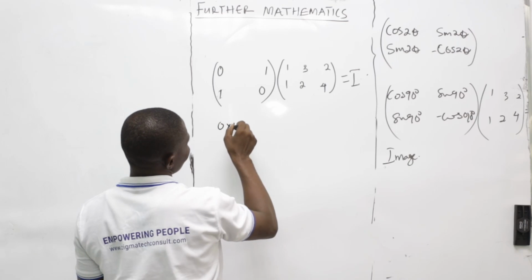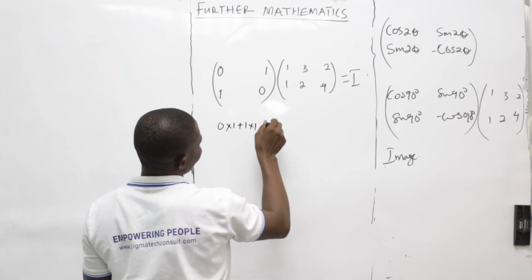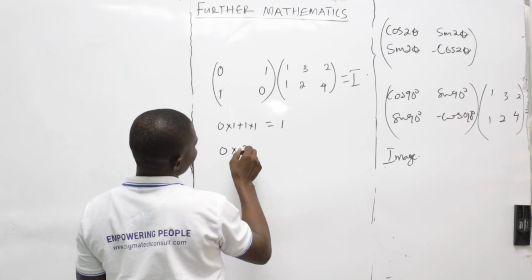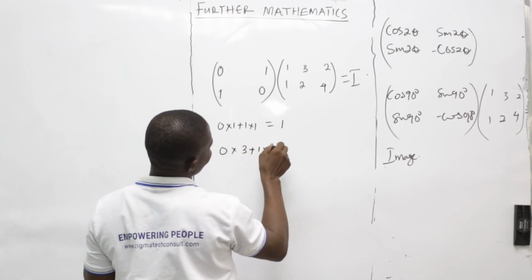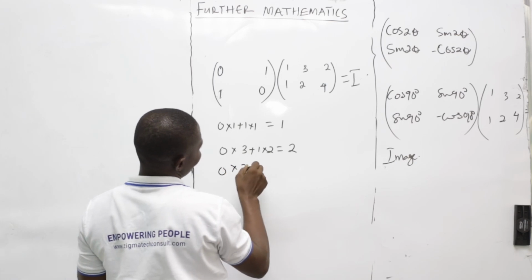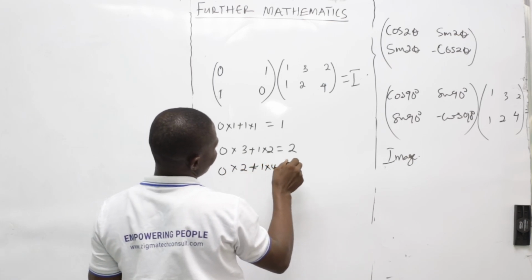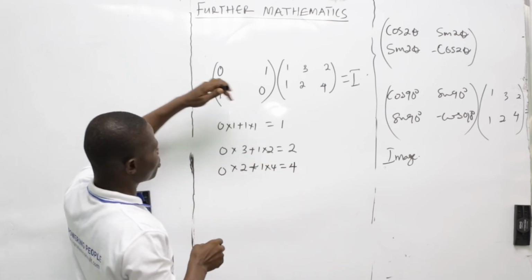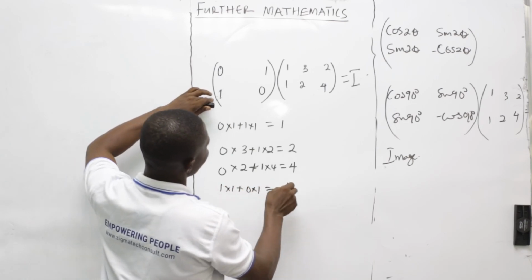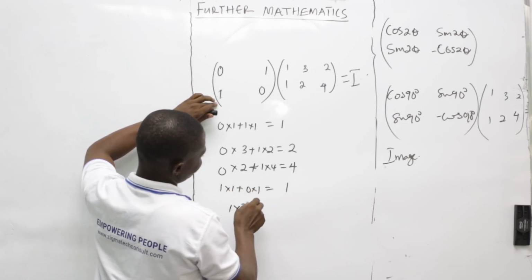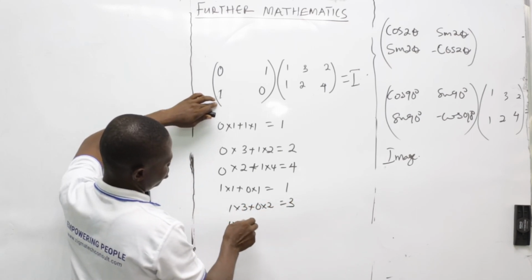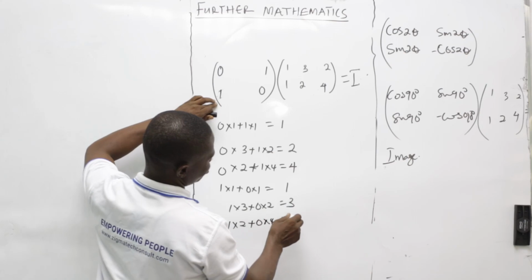That's 0 times 1 plus 1 times 1 equals 1. 0 times 3 plus 1 times 2 equals 2. 0 times 2 plus 1 times 4 equals 4. We'll come this way. 1 times 1 plus 0 times 1 equals 1. 1 times 3 plus 0 times 2 equals 3. 1 times 2 plus 0 times 4 equals 2.